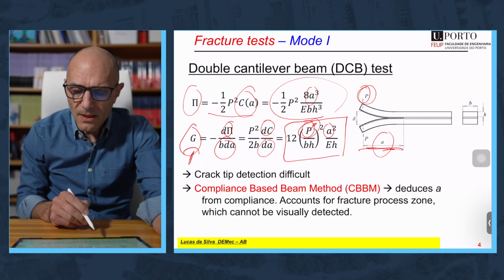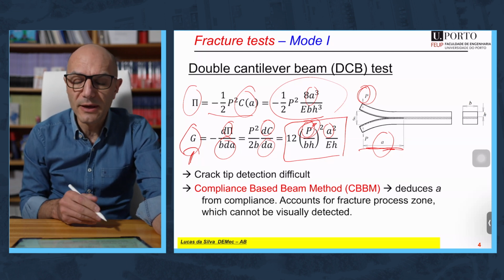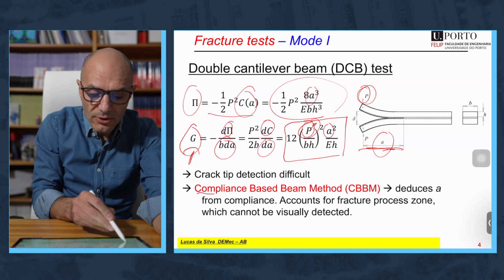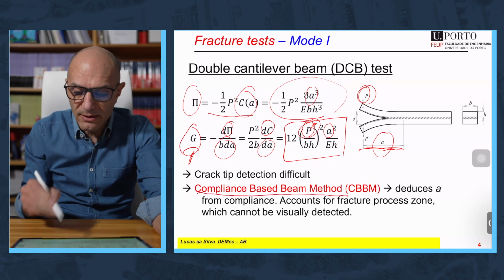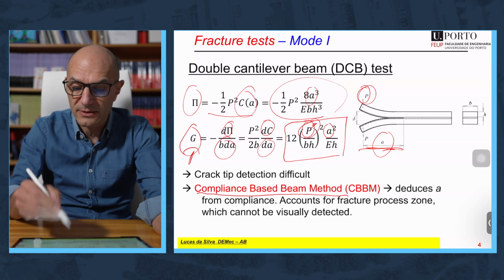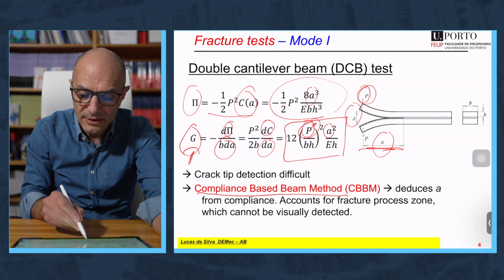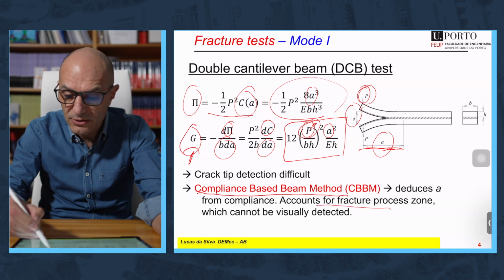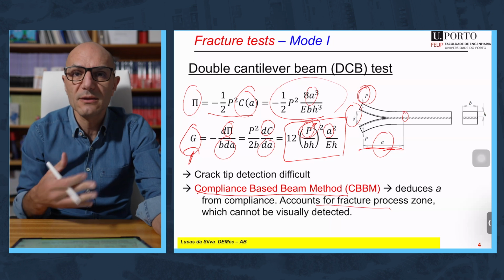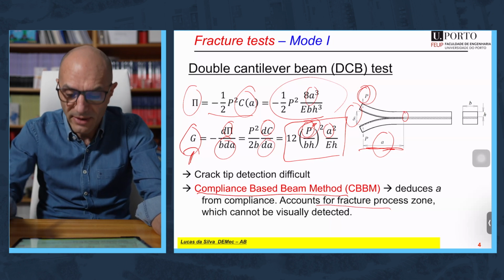So many times we prefer to use another data reduction technique which does not need the crack length measurement. It's called the compliance-based beam method, and in this method the crack length is deduced from the compliance. From this and from the load you can deduce the fracture energy, and it takes into account the fracture process zone, which is damage ahead of the crack tip that you cannot detect if you use a crack length optical measurement.